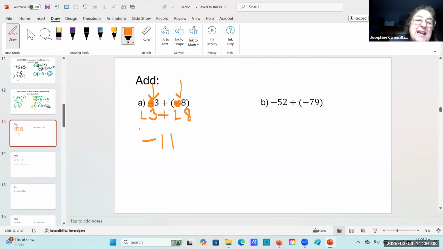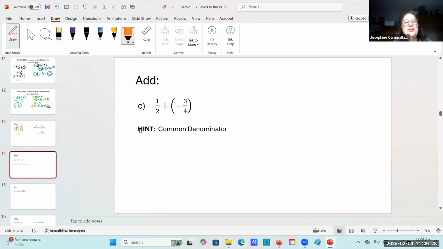It's the same sign that both of them have. It's a common sign. Same thing here. Negative and negative is going to give me a negative 131. Now this is where it gets interesting. Common denominator. You're adding.